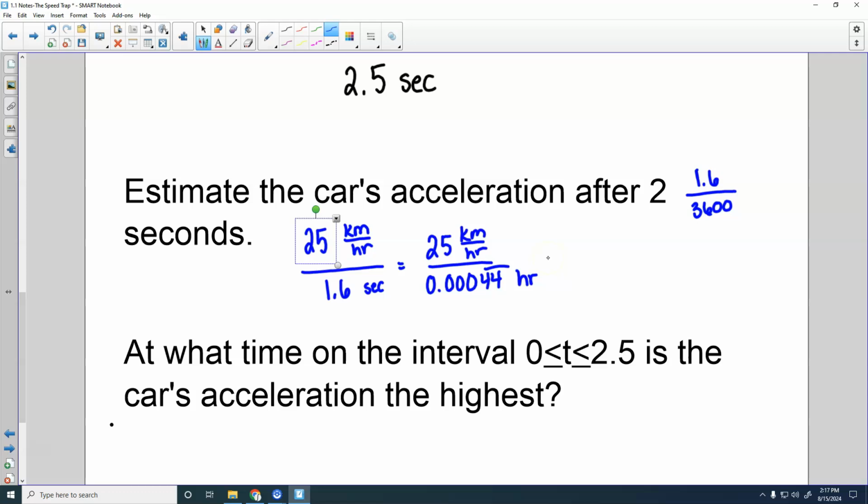So I'm just going to do 25 divided by that number, and it is giving me 56250. Are you guys getting the same thing? It should be a pretty big number because you're dividing by a very small decimal, 0.0001.